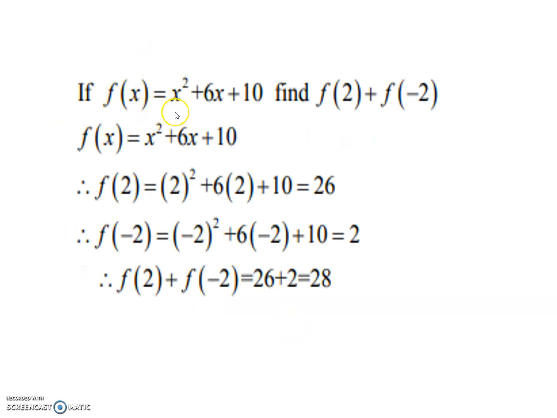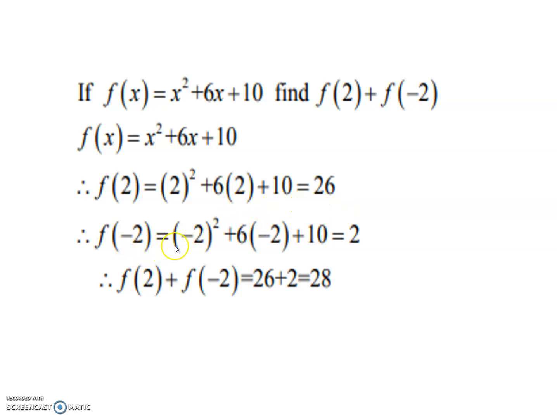If f of x is equal to x square plus 6x plus 10, find f of 2 plus f of minus 2. We have f of x is equal to x square plus 6x plus 10. First find f of 2. That means 2 square plus 6 into 2 plus 10 is equal to 26.